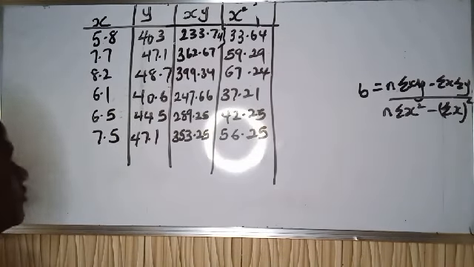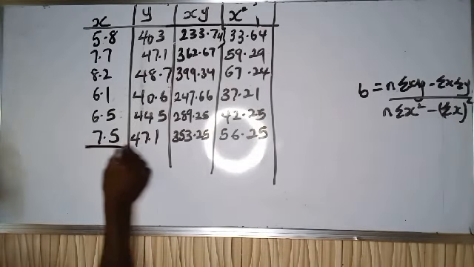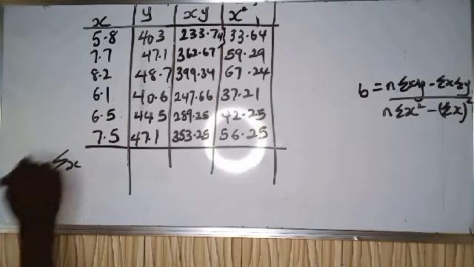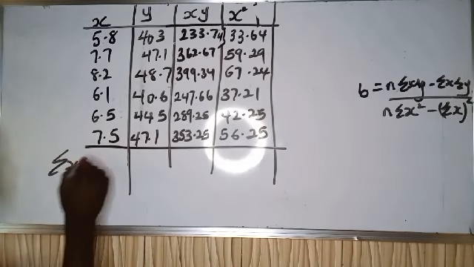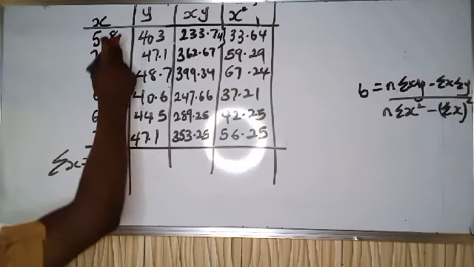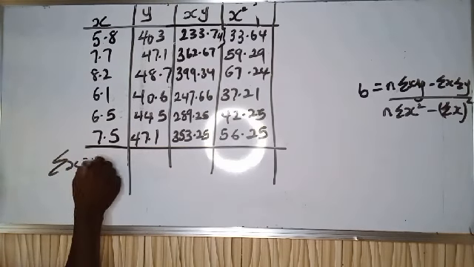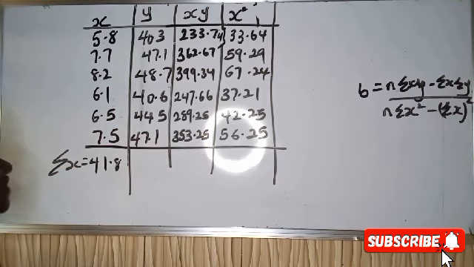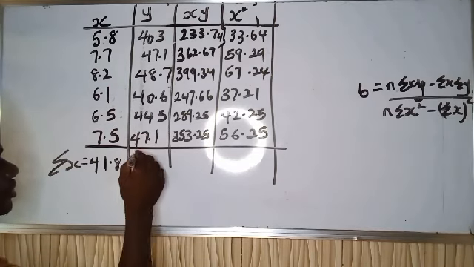So getting all these values ready, I need to sum up everything. Summation x, if I add all of this together, gives me 41.8. My summation y, if I add everything together, gives me 268.3.